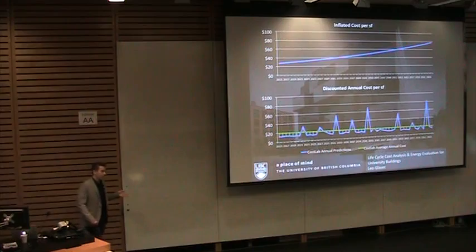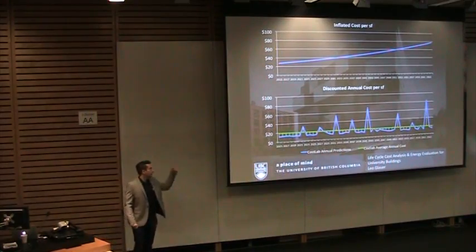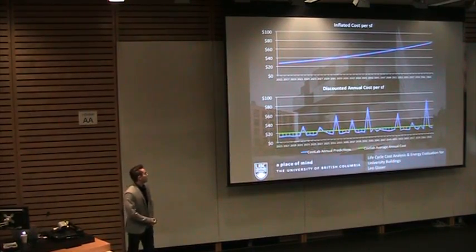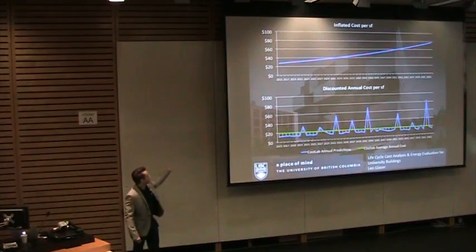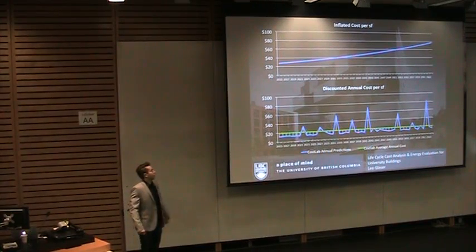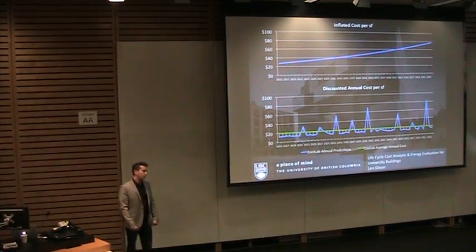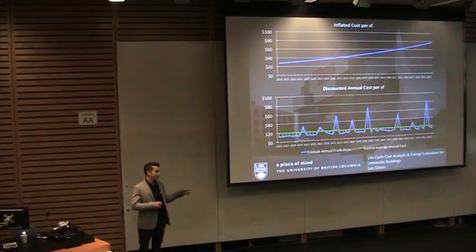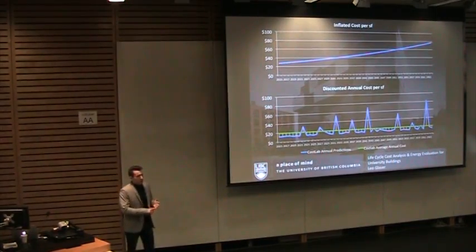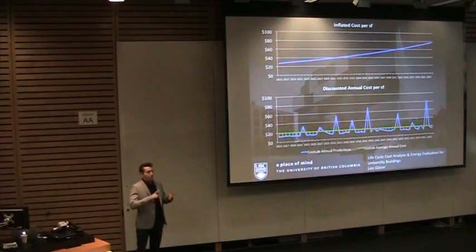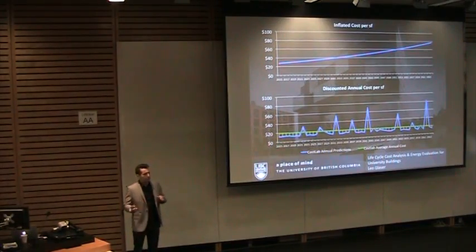Discounting is important when we talk about future costs. On the upper graphic, you can see that the curve just slowly increases. This is the inflated cost per square foot of the building. So that takes into consideration the energy cost, water cost, maintenance cost, repair cost, security cost, like everything that needs to be paid to operate a building.